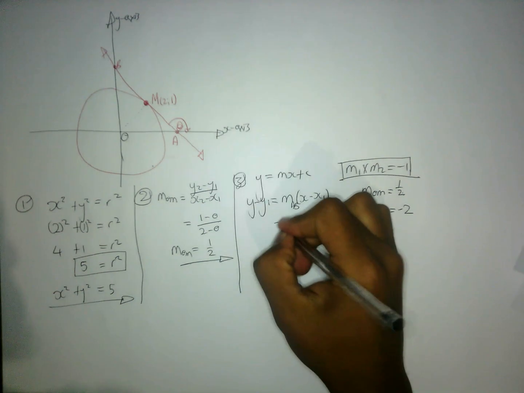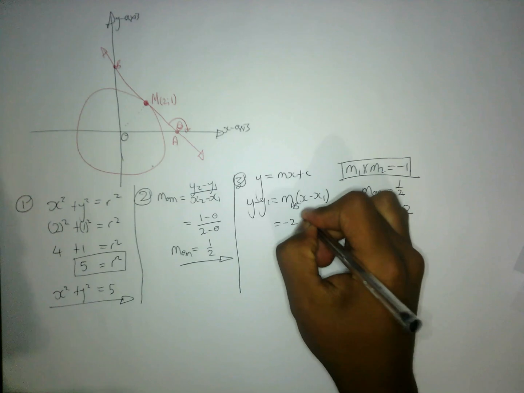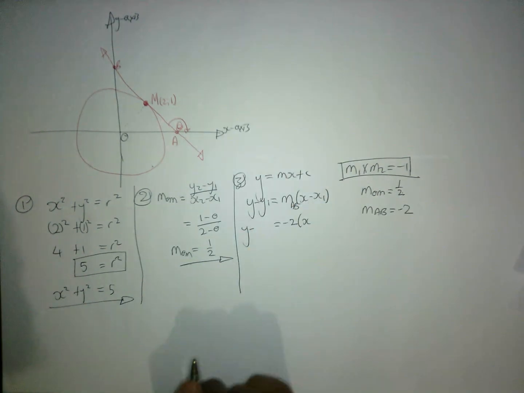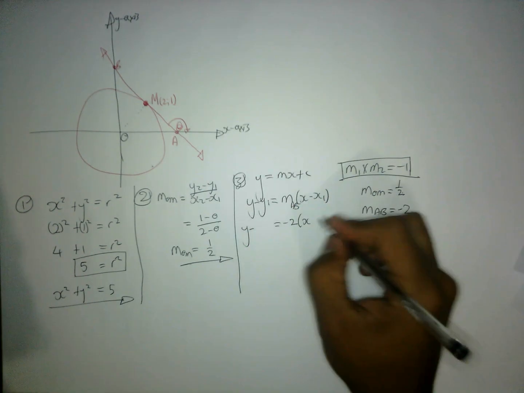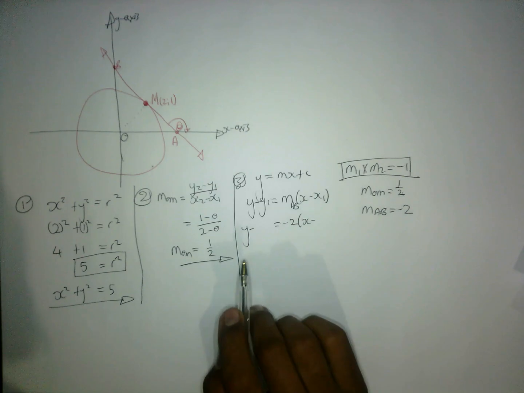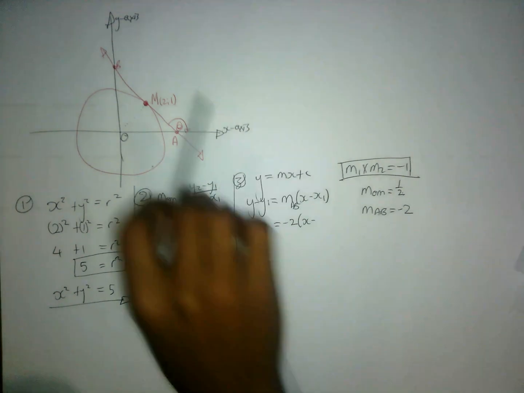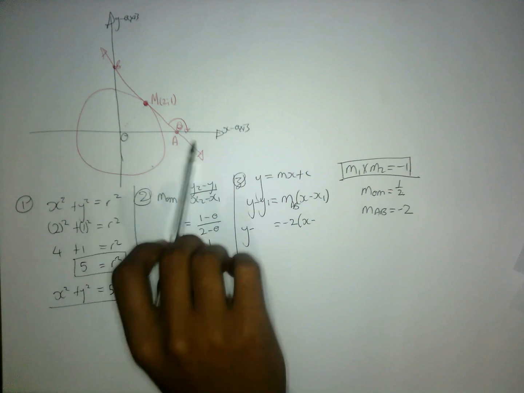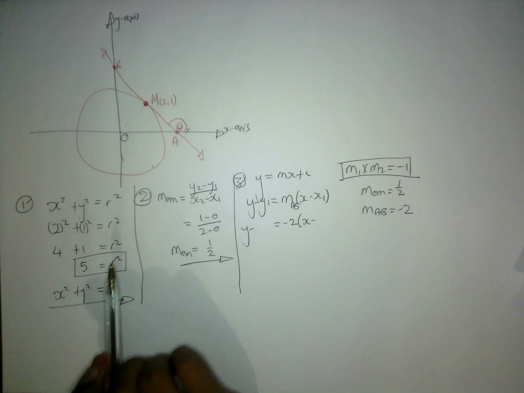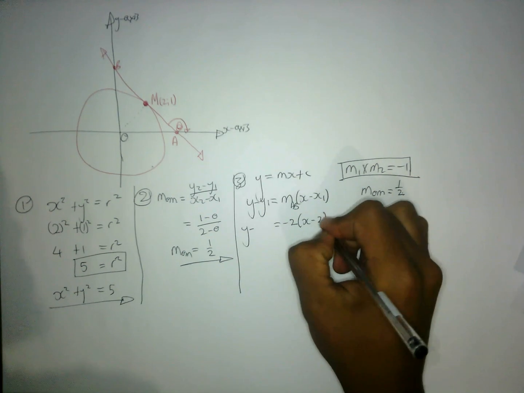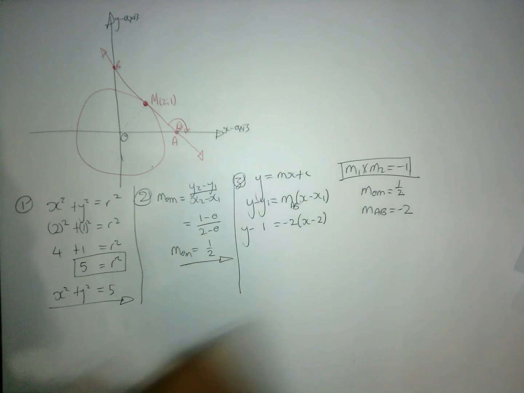So the gradient here is -2, and there's an x there and y. Now we must just pick any point that is on this line, and the only point we have on this line AB is M, which is (2, 1). So the 2 is an x, we put the 2 there, and the 1 is a positive 1, we put it there.